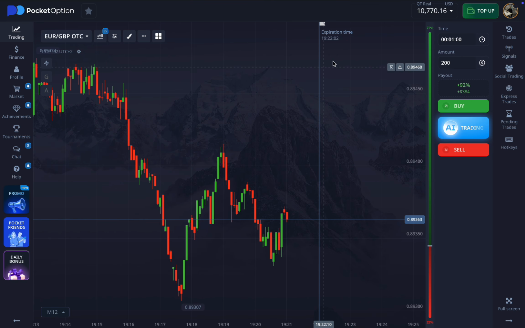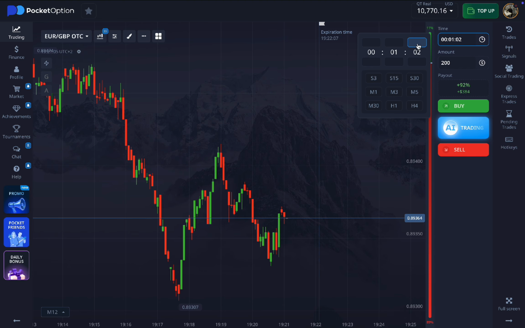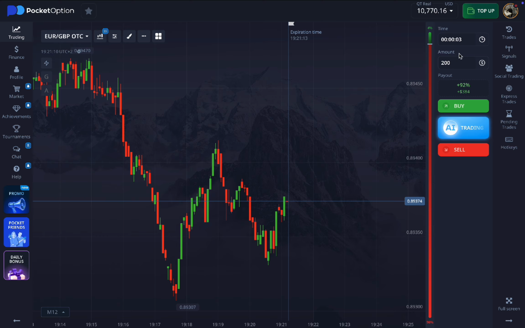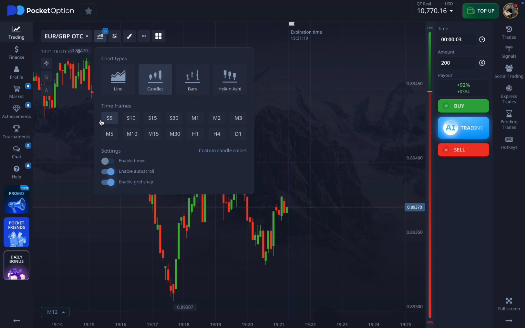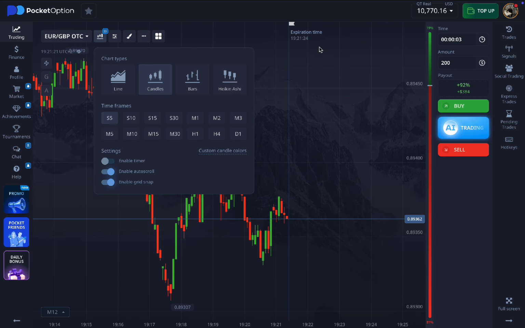So let's move on to trading. To trade with this strategy, the first thing you need to do is set the duration of each trade to 3 seconds. It is essential to do this on OTC currency pairs. Today the amount for each trade will be $200. Now we need to add a 5-second time frame. In other words, this strategy is traded on a 5-second time frame. Our trades will last 3 seconds each.